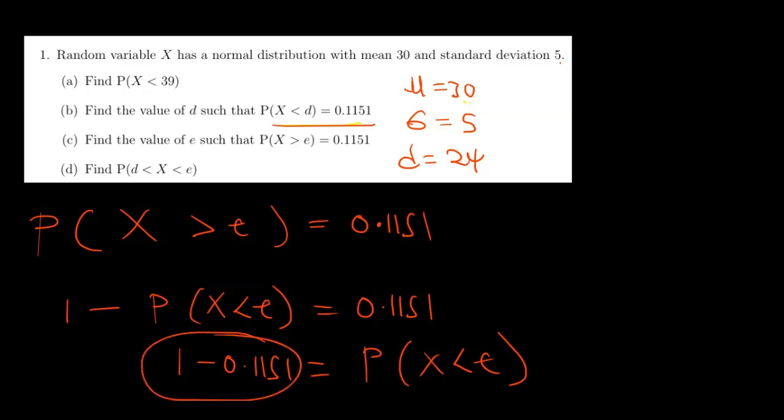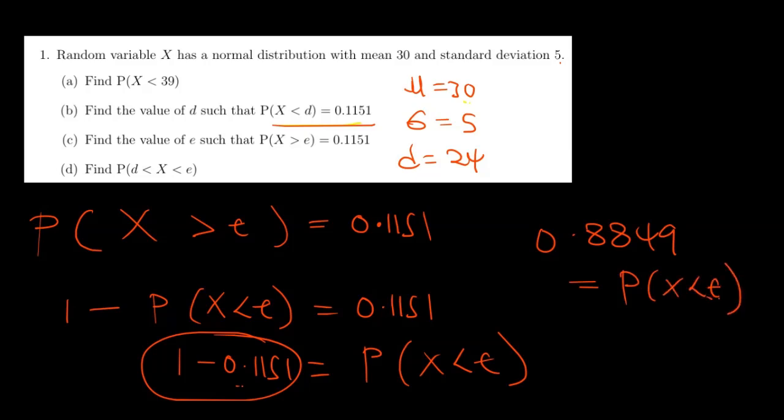Okay, so let's subtract. Okay, so we have 1 minus 0.1151. So I'm going to get 0.8849, and then this is equal to the probability that x is less than e.